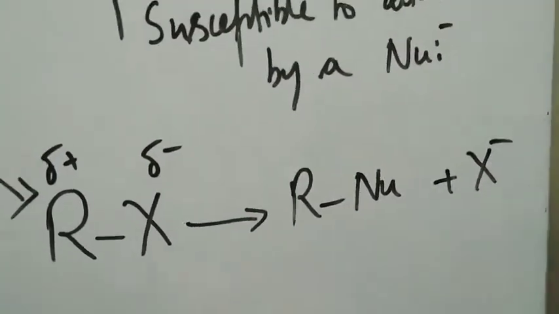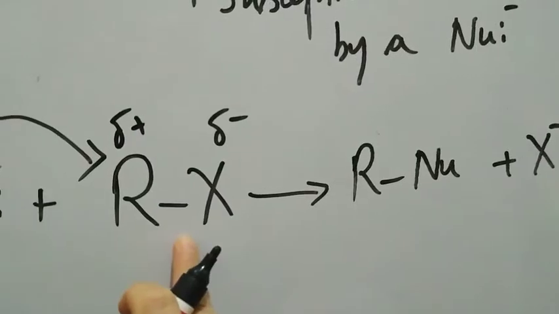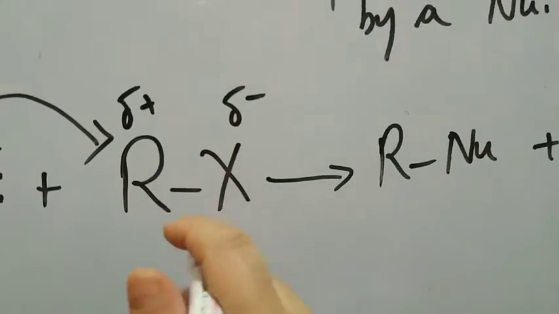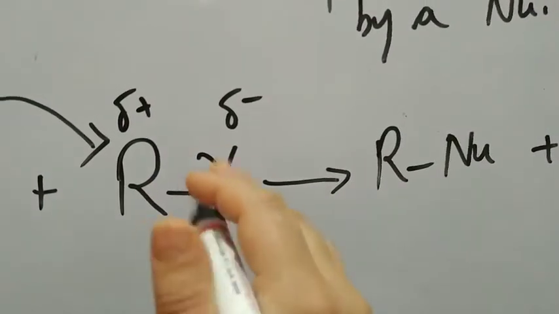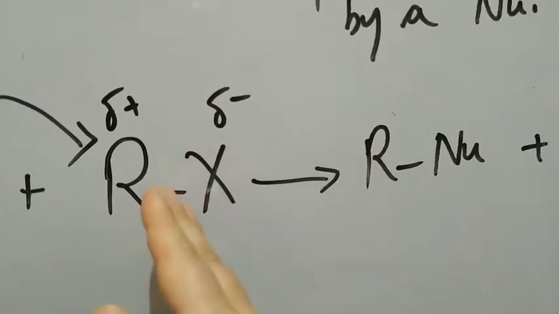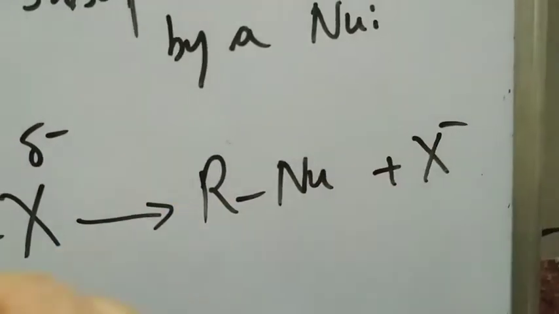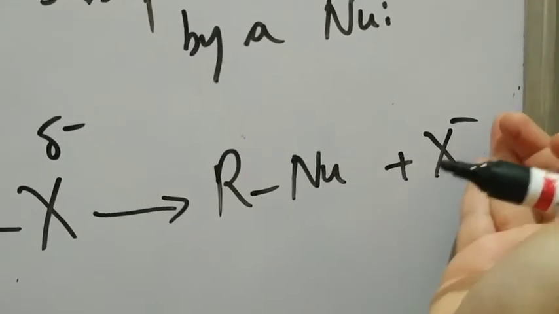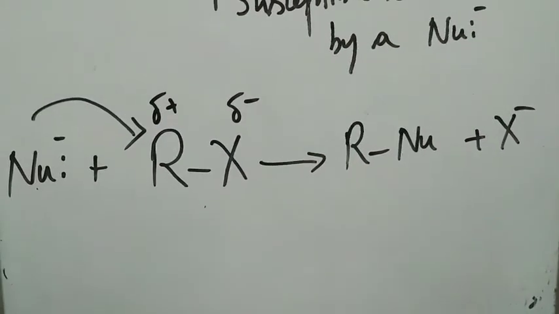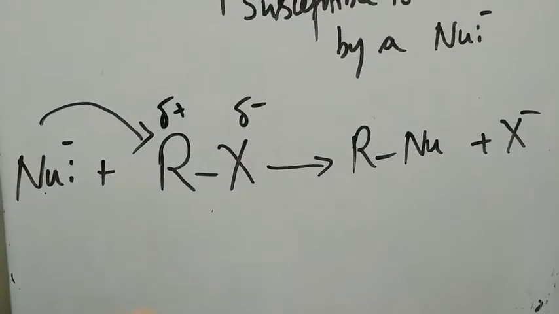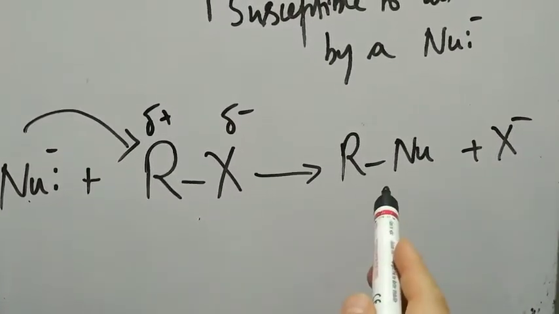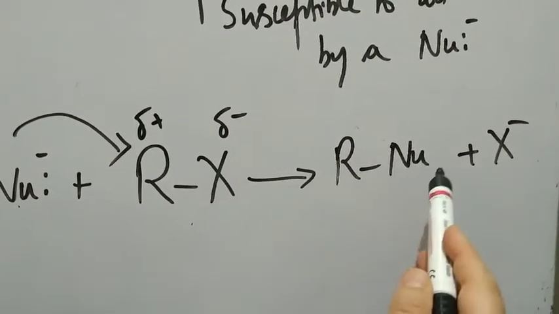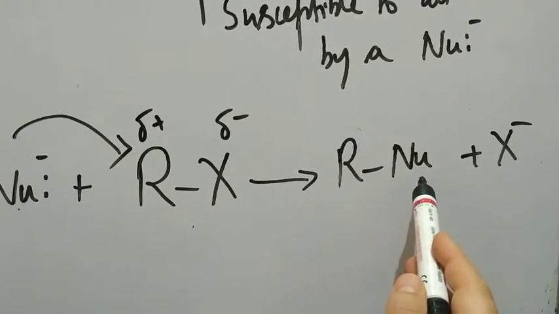As you can see, X leaves along with the electron pair. Because X is more electronegative, the shared pair of electrons will be more towards X, and when it leaves with that electron pair, we are left with X negative. This is the whole reaction of nucleophilic substitution. What is the substitution taking place here? X is substituted by this incoming nucleophile.